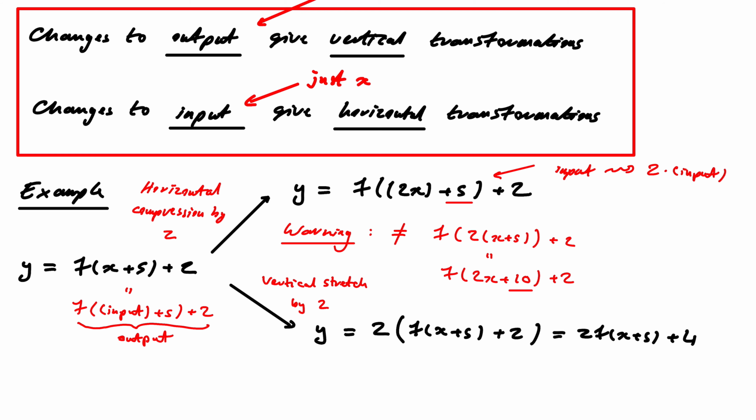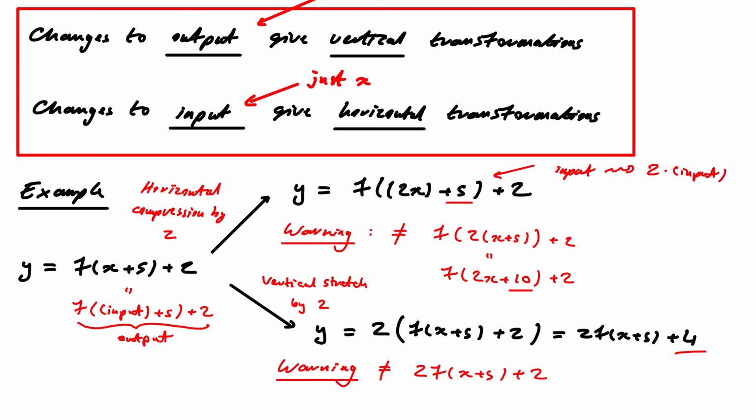Warning. Again, a massive mistake people make. They just think, okay, I'm just going to multiply f by 2, end of story. So that's not what's going on here. It's the output that matters. So again, a warning. This is not equal to 2 multiplied only by the f piece. Of course it's not, right?